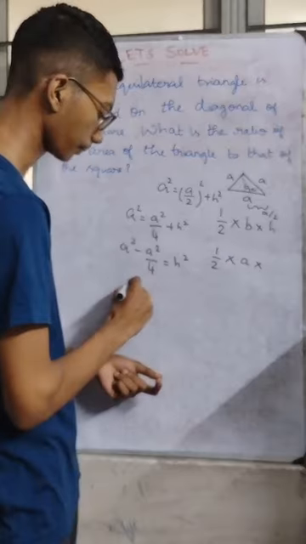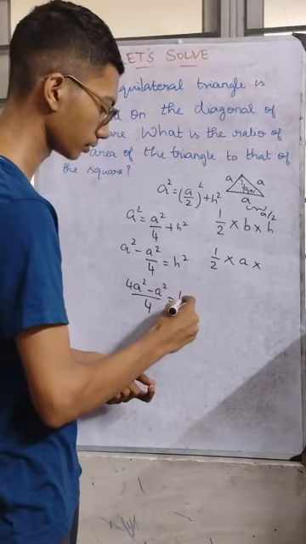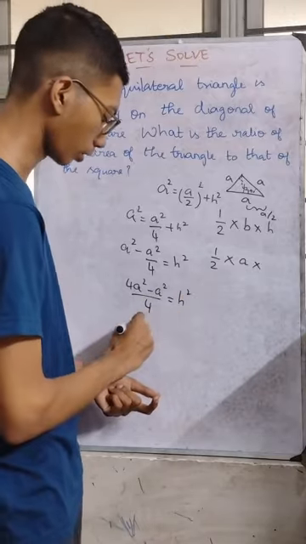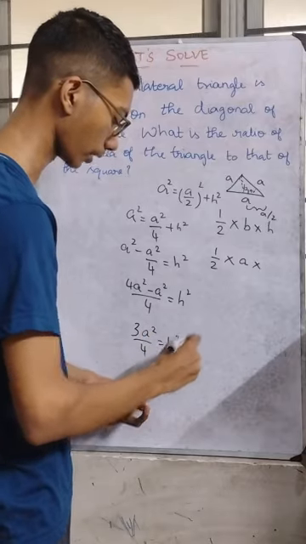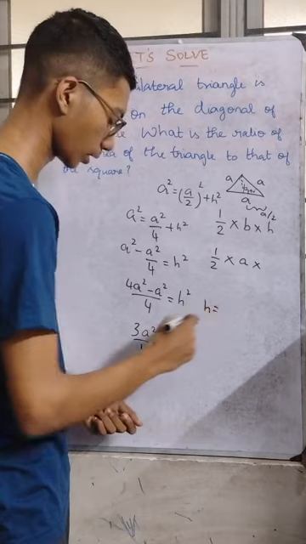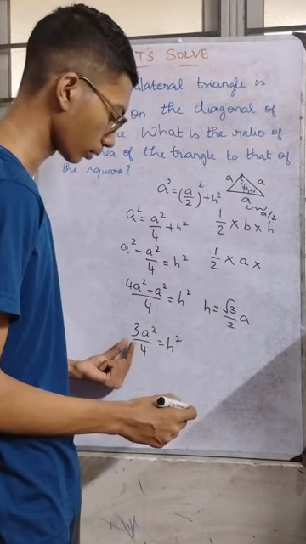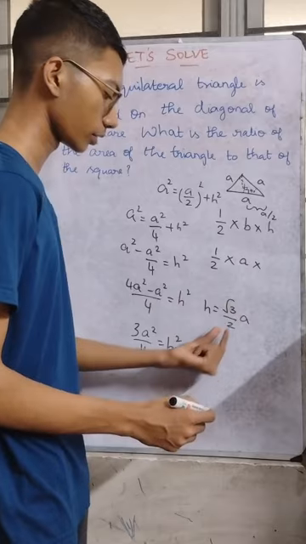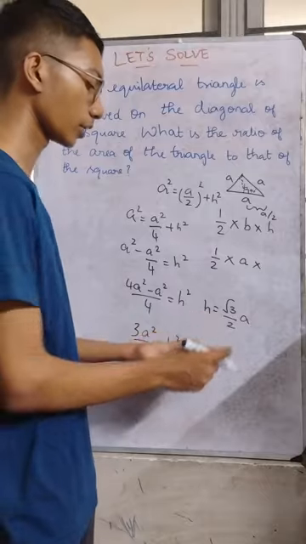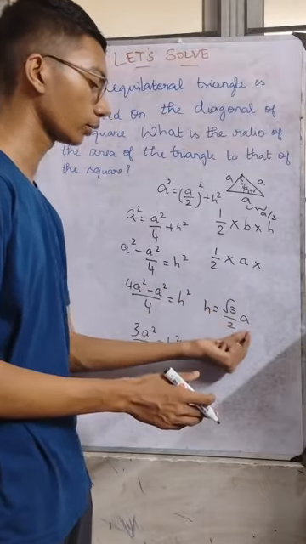Taking LCM, 4A square minus A square by 4 is h square. So 3A square by 4 equals h square, and h is equal to root 3 by 2 A. So an equilateral triangle has a height of root 3 by 2 A.